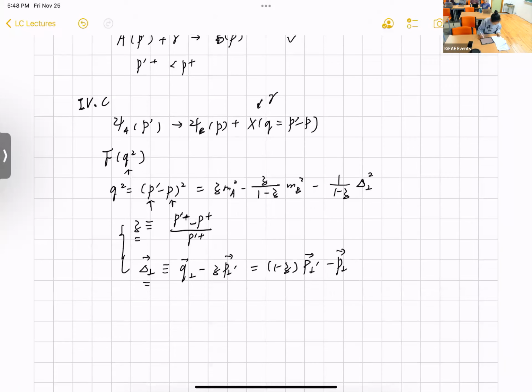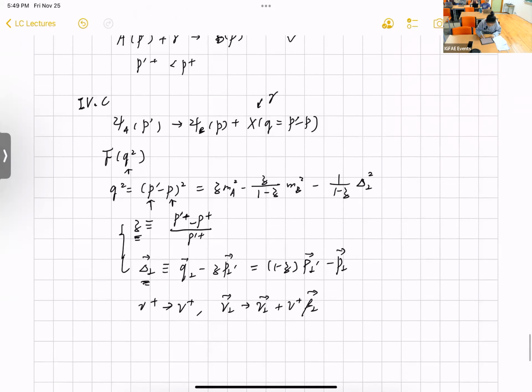So recall that last time I showed you that you can check the boost transformation with a vector like this. This is a transverse boost, for example. You can check that the individual momenta, P prime and P, would change with this boost, but Z and delta perp would stay the same when you do the transverse boost.